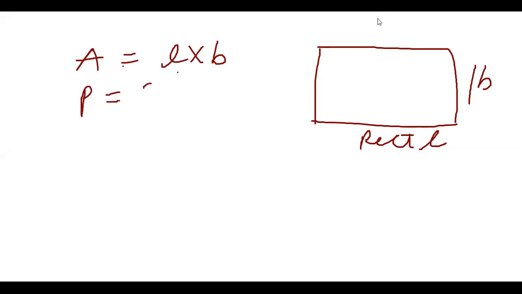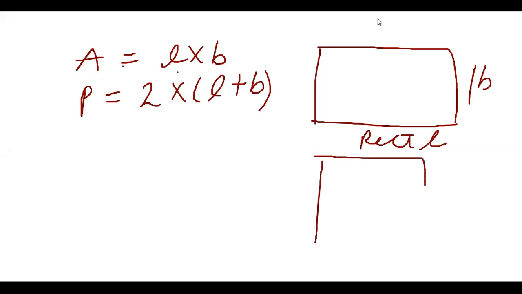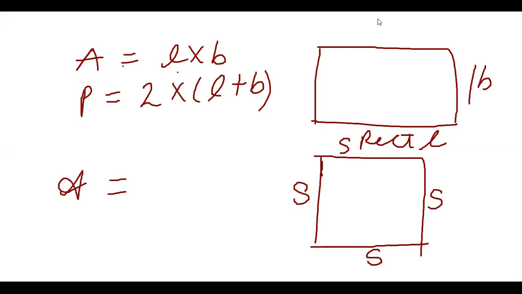Perimeter is 2 multiply length plus breadth. If we talk about square, all its sides are equal, and its area is side multiply side, and perimeter is 4 multiply side, right?